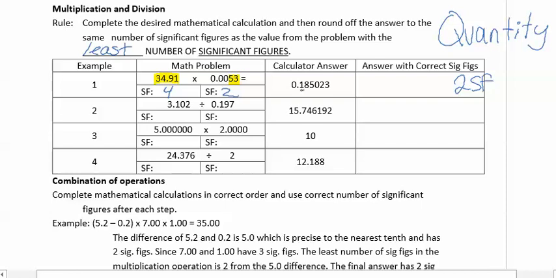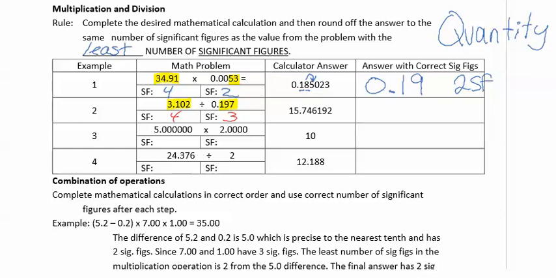In this case, we would take the 1 and the 8. But we have to round. We can't just leave it at 1.8. We have to take a look, what's the next value? The next value is a 5. So we're going to end up rounding that to 0.19. That's going to be our answer with the appropriate quantity of significant figures. If you wrote 0.18, it's not rounded properly. It has to be 0.19.